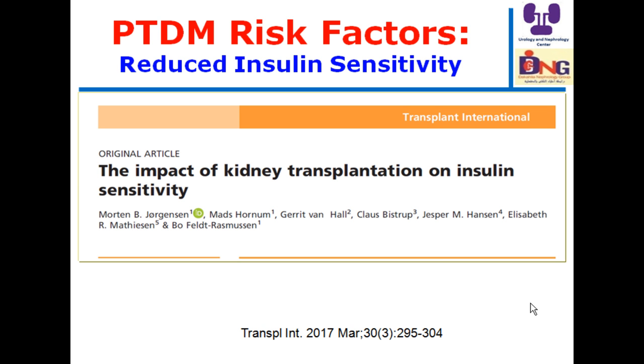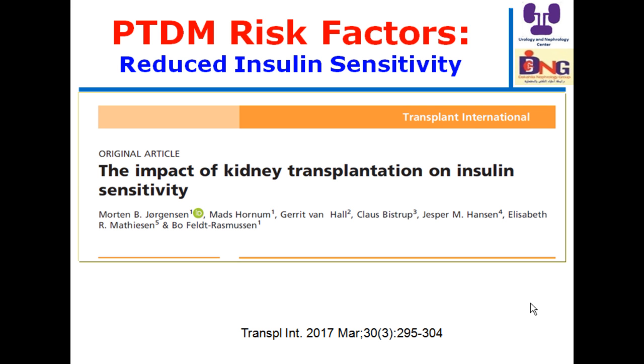To start with, to investigate the impact of kidney transplantation on insulin sensitivity affecting glucose metabolism, 9 non-diabetic patients awaiting living donor kidney transplantation were examined prior to transplantation with an oral glucose tolerance test and a 3-hour hyperinsulinemic euglycemic clamp.